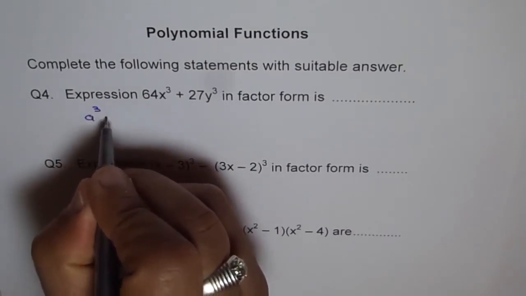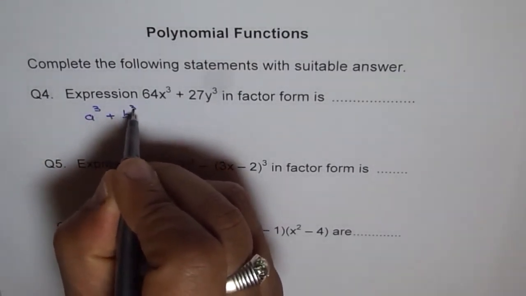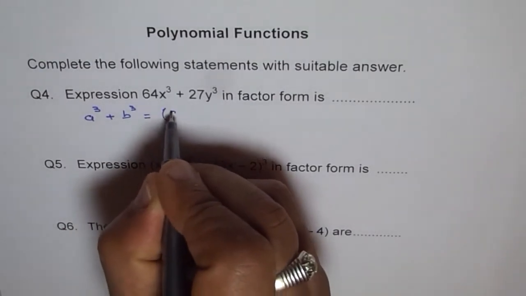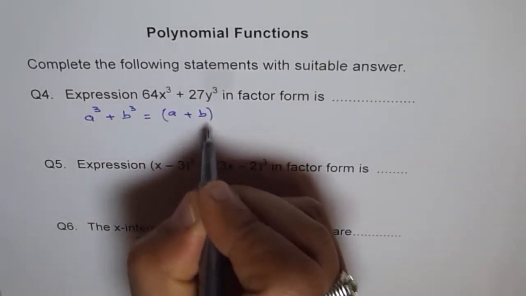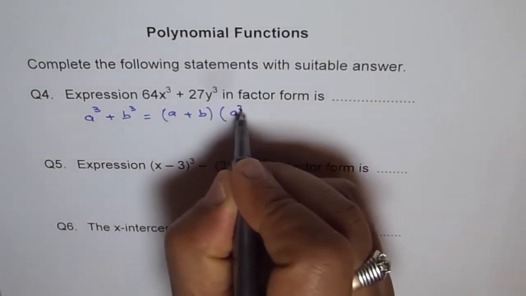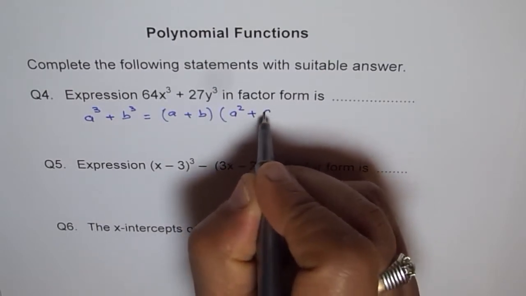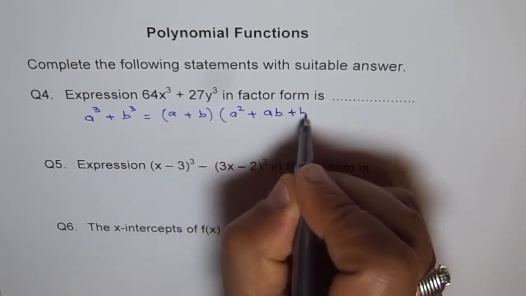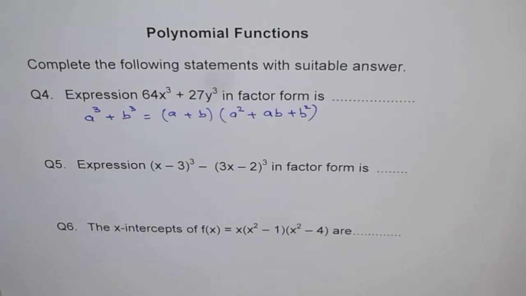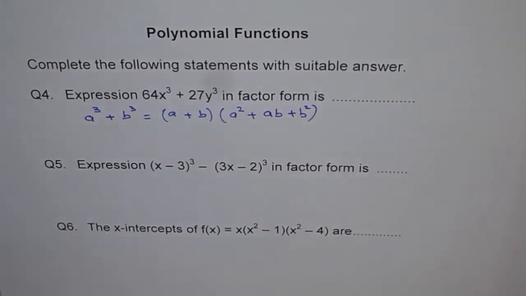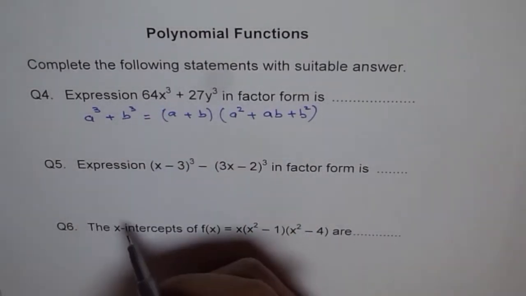a cube plus b cube is equal to a plus b times a square minus ab plus b square. Correct? Use this formula. But here, what is a and what is b? So you need to write this in cube form.